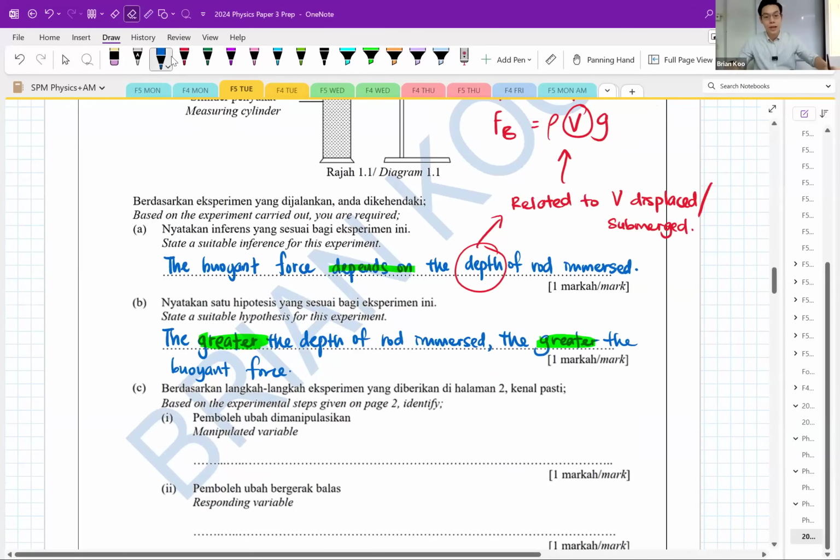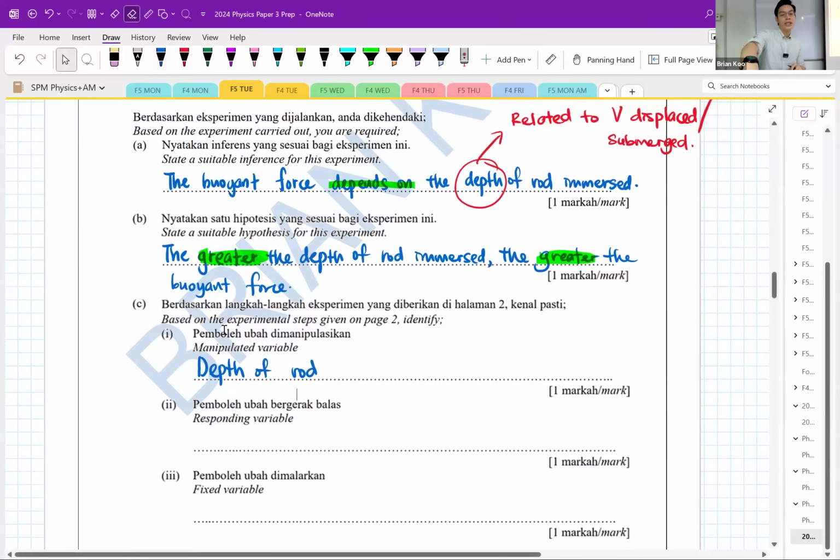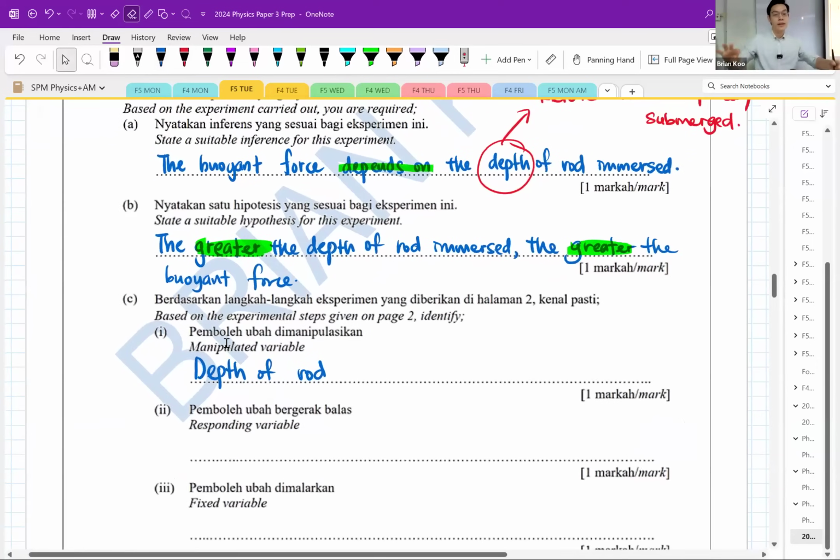Okay, very easy. Then you fill up the manipulated and responding variables. So if it's rod, I write rod. If it's steel bar, I write steel bar. If it's candle, I write candle. Or it could be a long eraser, then I write eraser. Whatever it is. I don't think it'll be plasticine.